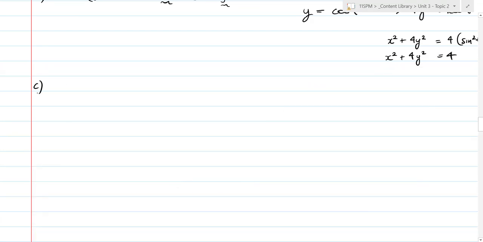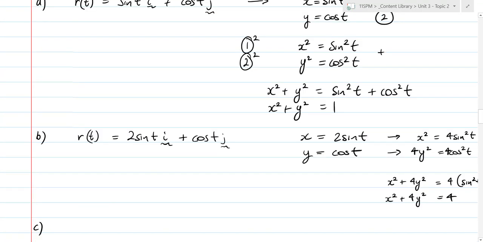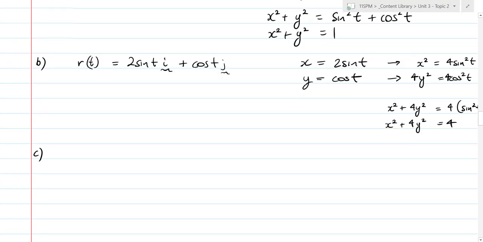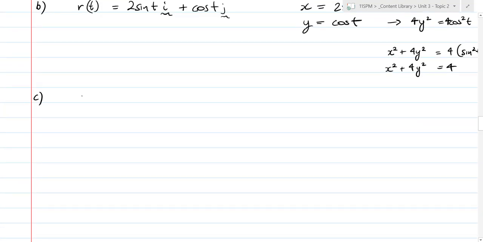So question C, the functions, this is actually easier: sine squared plus cos squared. So you get r(t) equals sine squared t i plus cos squared t j. For question C, I start by breaking it up into x equals sine squared t and y equals cos squared t.